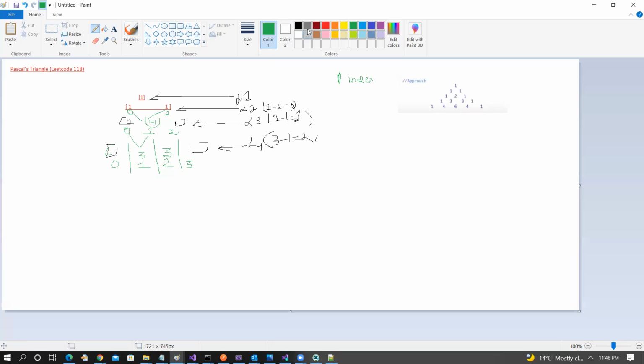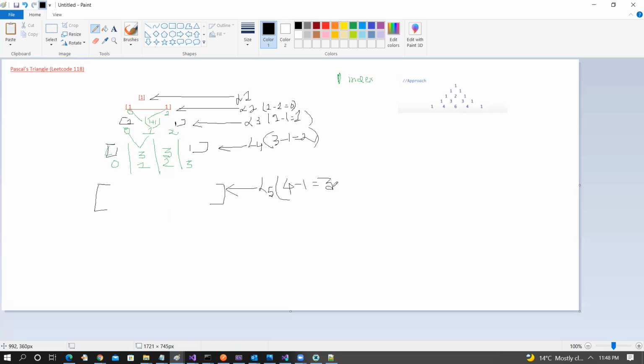Now if we come again, change the color, and if we come over here in the fifth list, which will be having what is L4, that means 4 minus 1, that is 3 value.